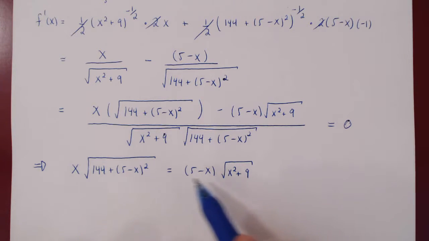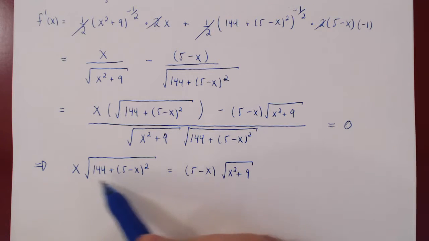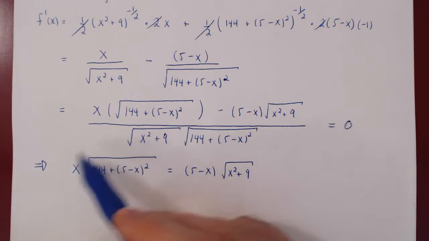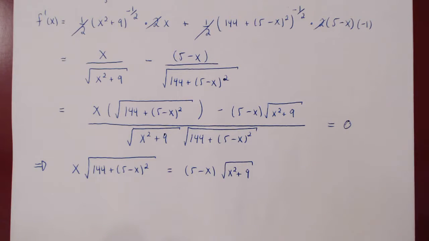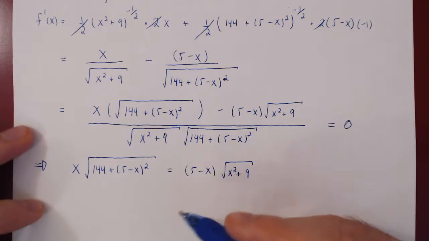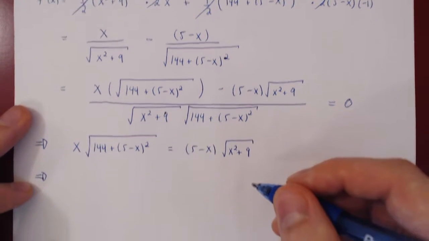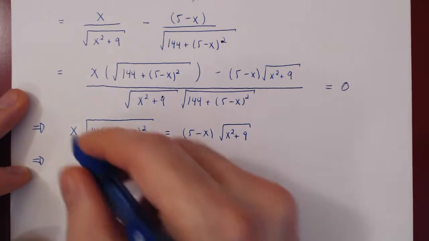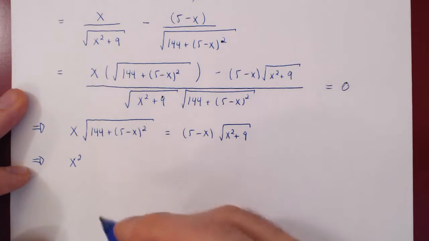This does not seem like an easy equation to solve, namely because of the square roots. The idea is, well, why not square both sides? If this equals this, then the square of this equals the square of this. And by squaring both sides, we will eliminate the square roots. So let's square both sides. If you square x, you get x squared. If you square the square root, it goes away.